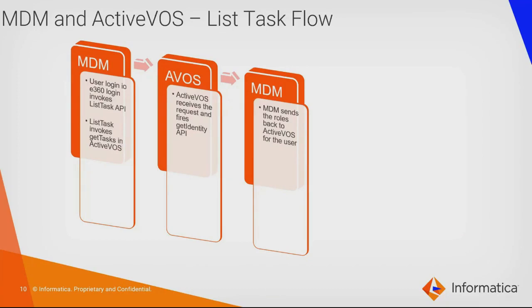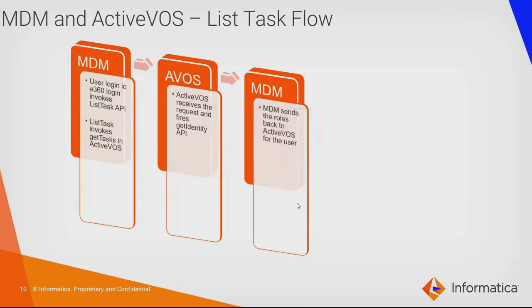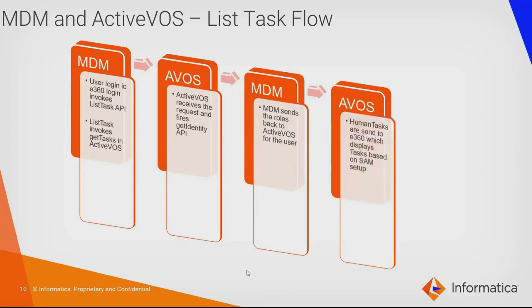Once ActiveVOS matches the list of roles returned by MDM to the list of potential owners for the human task, it will provide those tasks on the task manager for that particular user.